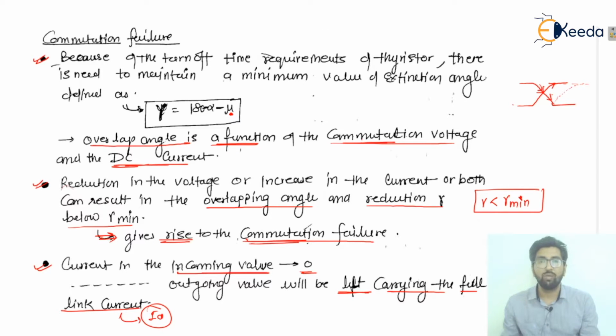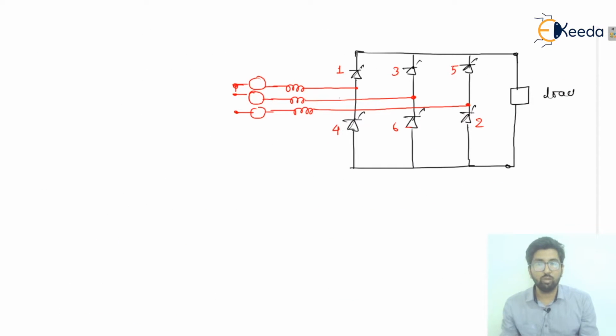Let us say valves 1 and 2 are conducting, and here this is EA, this is EB, and this is EC. So this will be EA and EC, like this it is going to be conducted. After a 60-degree operation of thyristor 1, we will have the EBC like this.